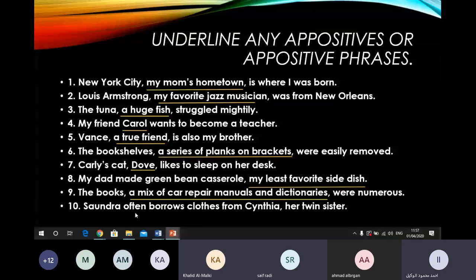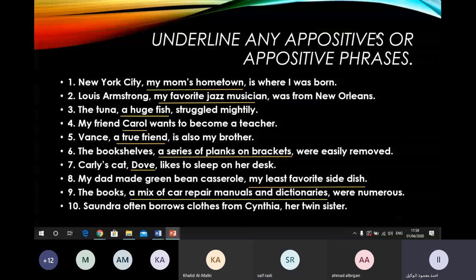Safe, can you hear me? Okay. Safe, here is an appositive. Appositive means that you have two nouns, like when you say my friend Safe. My friend is a noun and Safe is a noun, right? My friend Safe likes to play on his computer.